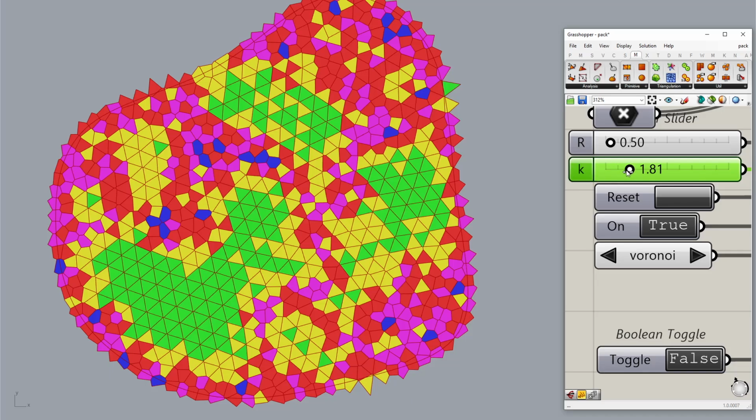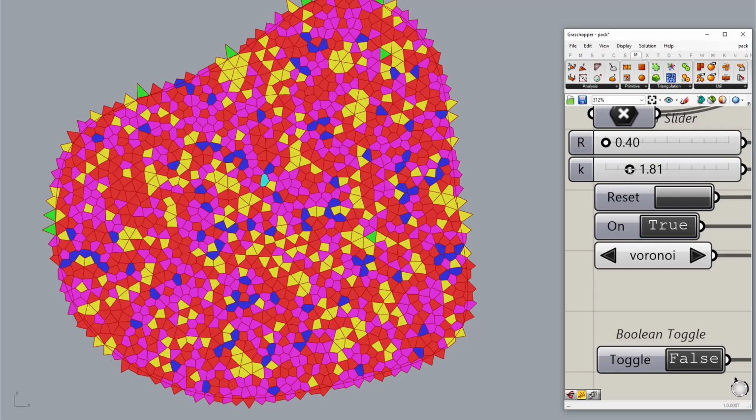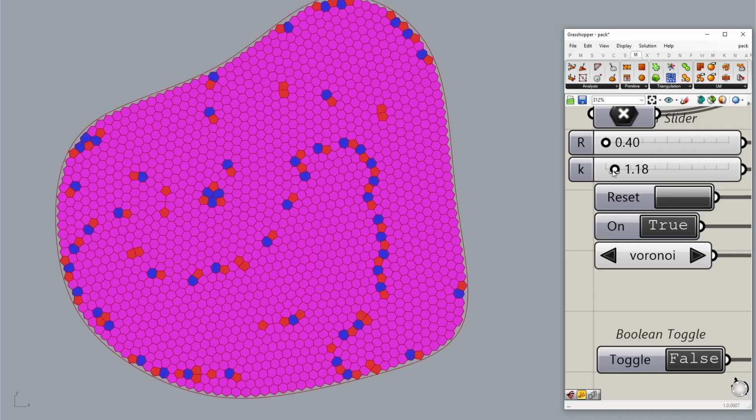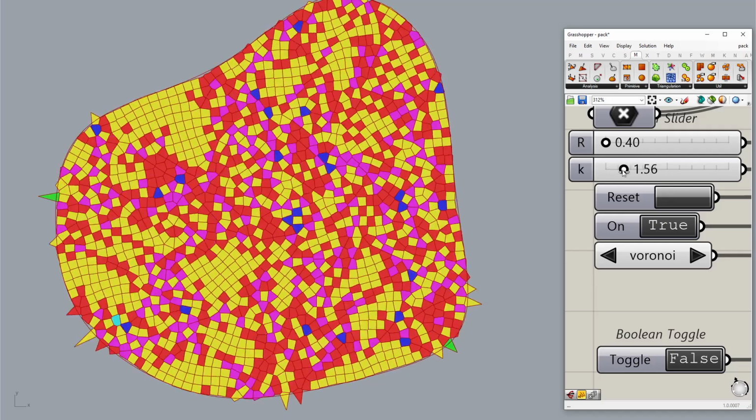So maybe this is like changing the pressure, changing the density of the pattern, but going from one to another lets us achieve different patterns. Let me try again. One point seven.